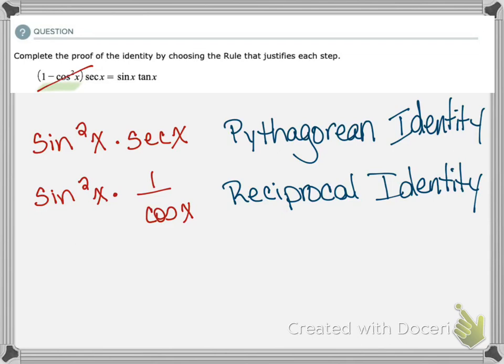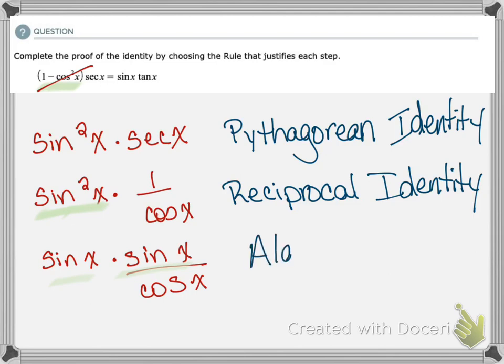Now, this sine squared of x, I could rewrite as sine of x times sine of x, and then I can have cosine of x. So all I've done is take this sine squared of x and split it into sine x times sine x. That rule we're using is just algebra. And sometimes in trig, where we get stuck is our algebra.